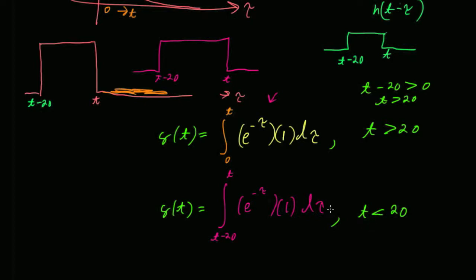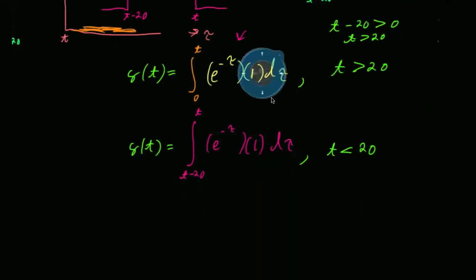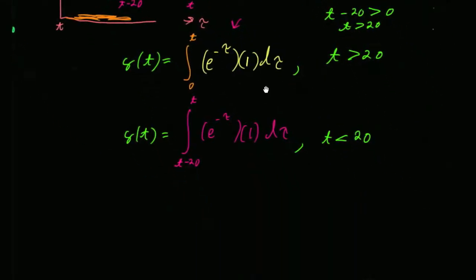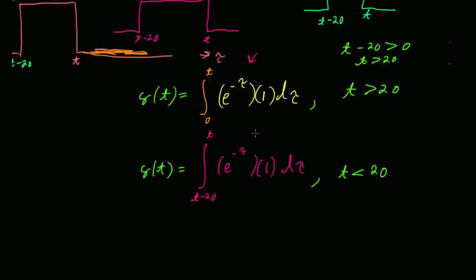Then I've got this picture. What's my integral there? 0. Okay. So that top integral can't always be for t less than 20. It's also got to be for t greater than 0. You need t to at least be greater than 0 in order for this integral to apply.